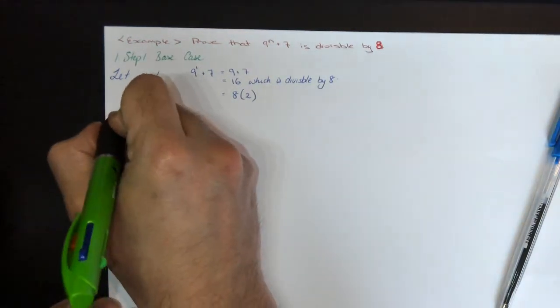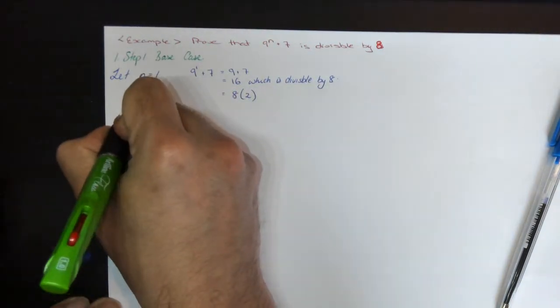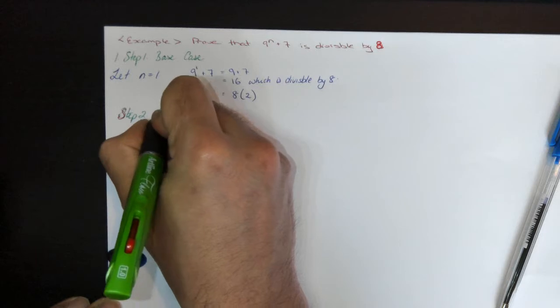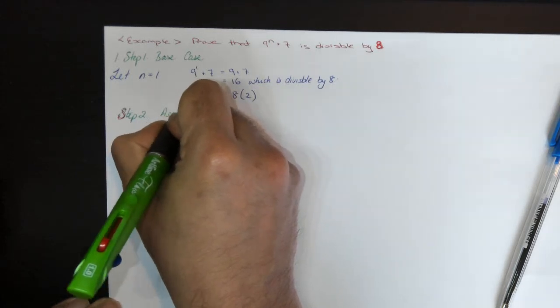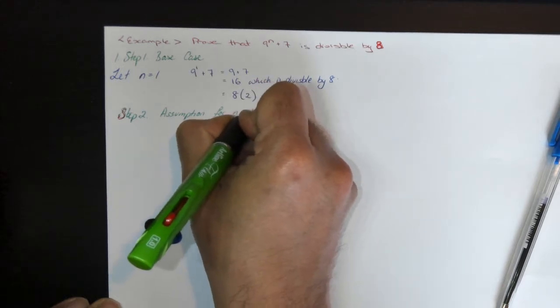The second step is the assumption for n equals k.